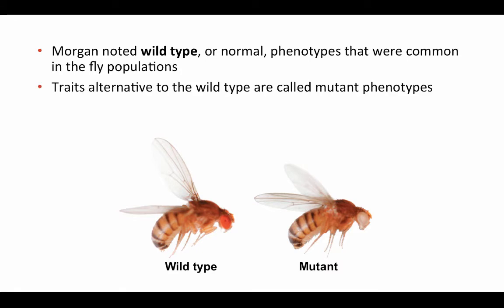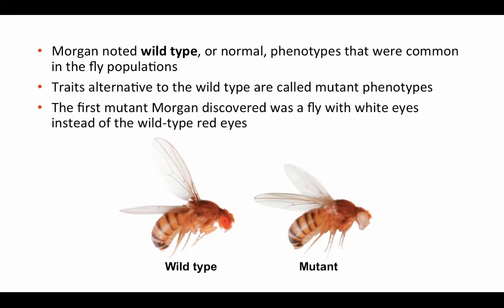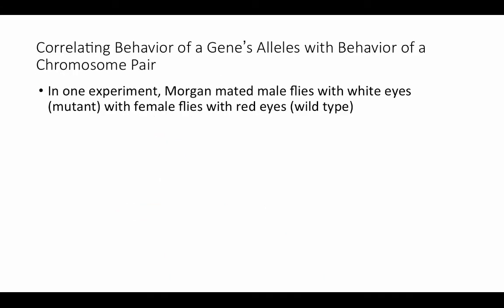Traits alternative to the wild type are called mutant phenotypes. They arise by mutation to the wild type gene. The first mutant Morgan discovered was a fly with white eyes, and it was a male, instead of the wild type red eyes. So let's take a look at how Morgan was able to associate this trait of eye color with a particular chromosome in the fruit fly.